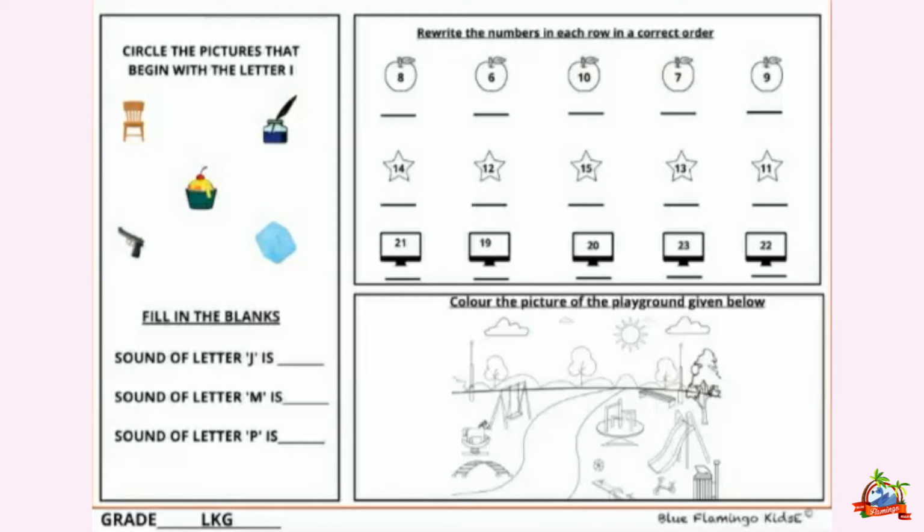So it will start from 11. 11, 12, 13, 14, 15. Okay, so in this way we have to rewrite these numbers in correct order.